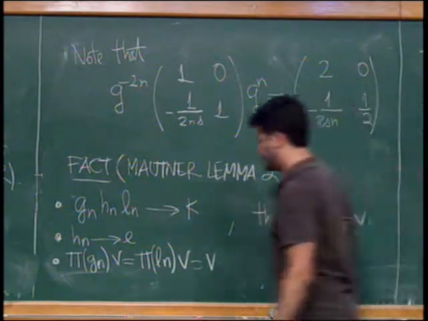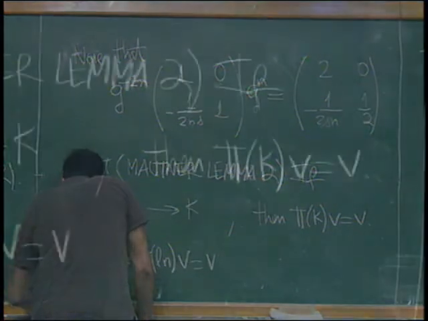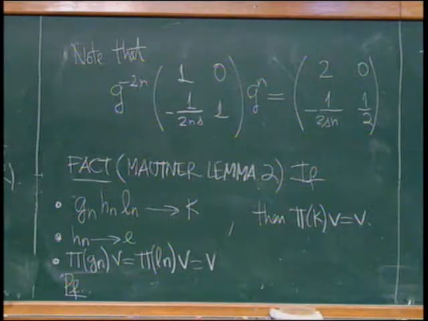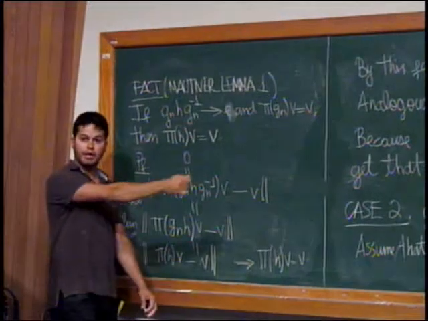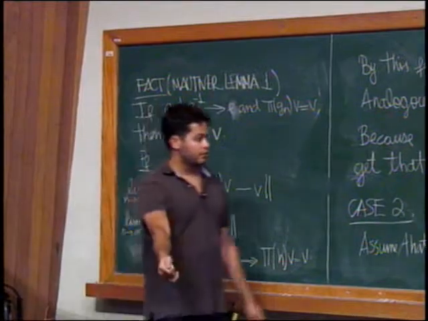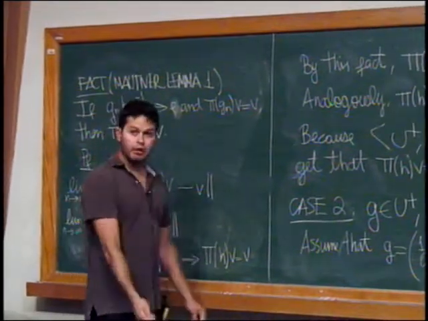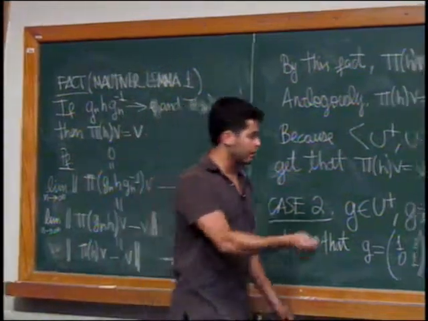So the proof of this fact I'm going to leave as an exercise. But it is exactly what I did here, just with changes. Instead of Gn to the minus 1, I put Ln, and I use the invariance, and then I use that it is unitary, and that it's strongly continuous, and I get the result.